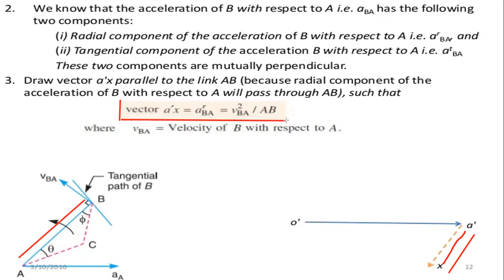So this is the value to be taken: vector A dash x is v square BA, that is the velocity of B with respect to A squared, divided by AB.